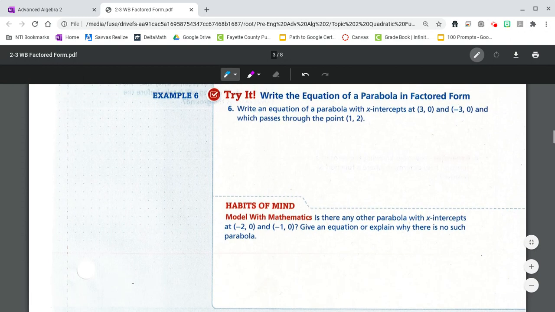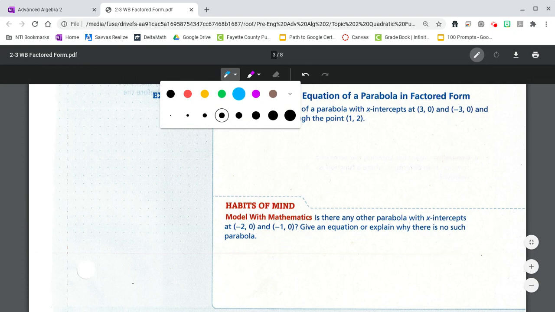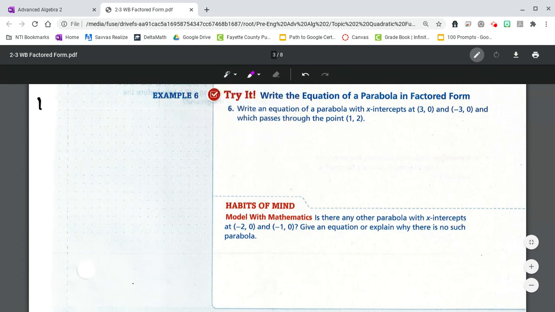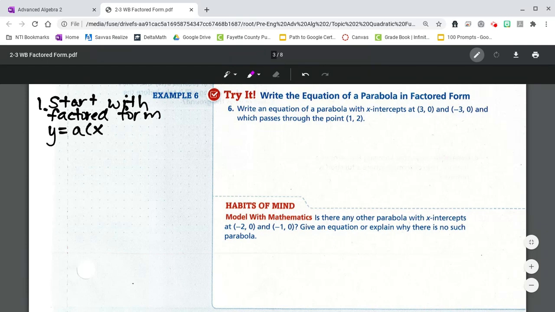Okay, let's see. Example 6, write the equation of a parabola in factored form which passes through the point 1, 2. Okay, so we need to write the equation in factored form. So the first thing I'm going to do is start with the factored form. And the factored form is y equals a times x minus p times x minus q.